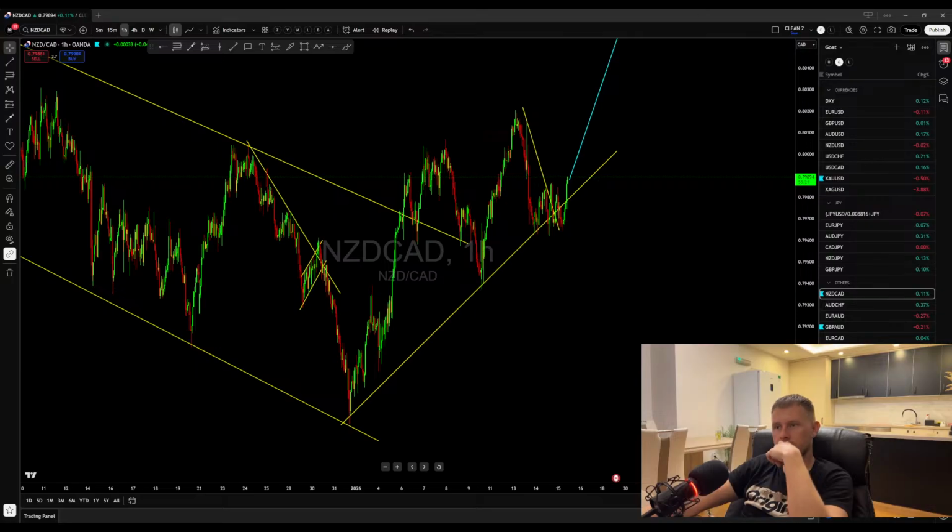If you're taking this one, aim for the previous top. Previous top should be your target. Yeah, this is a good setup.